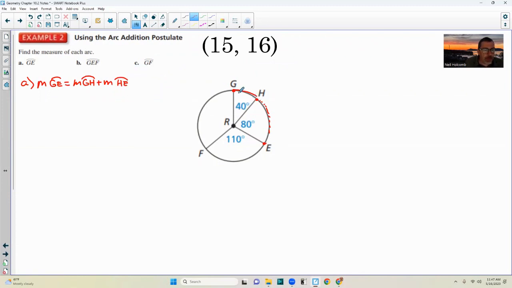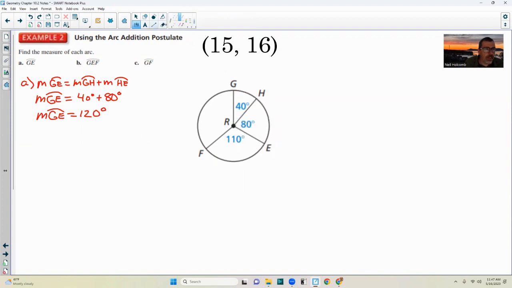And remember that the arc measures, we're not getting to lengths yet, the arc measure equals the central angle measure. So GH equals angle GRH. So the measure of arc GE equals the measure of arc GH, which is 40 degrees, plus the measure of HE, which is 80 degrees. So the measure of arc GE is 80 plus 40, or 120 degrees. Okay, it's pretty straightforward, simple.